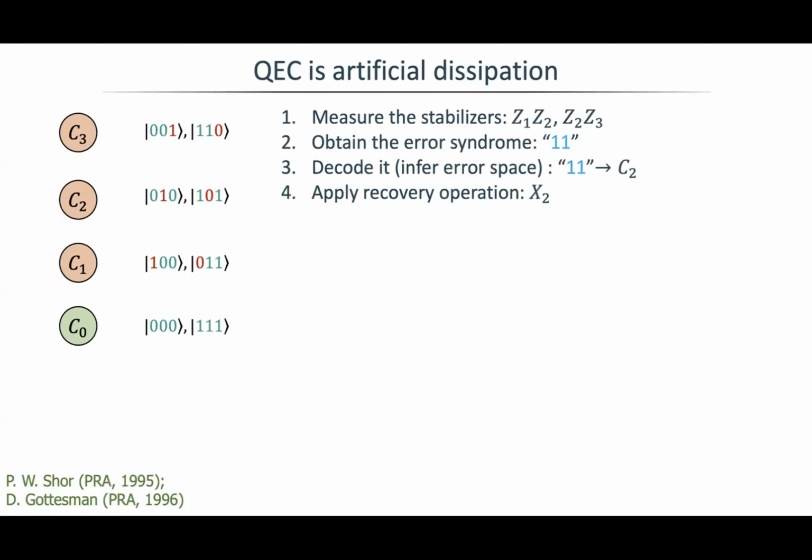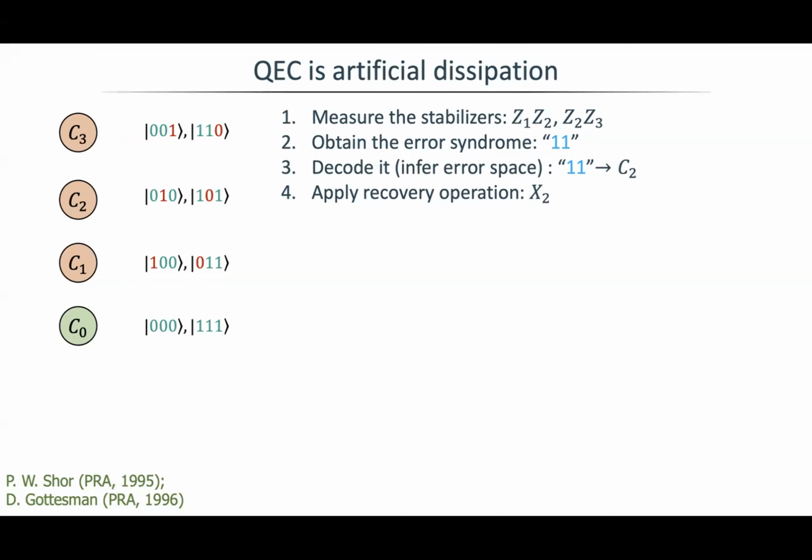So now, how do we do error correction? Well, the standard approach, which is called the stabilizer formalism, tells us that we need to measure these operators. They are called stabilizers. In this case, they are parities of the first two bits and the last two bits. The measurement outcomes give us this error syndrome. So in this example, it's 1, 1.